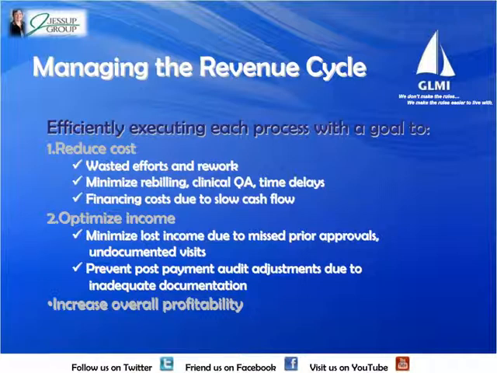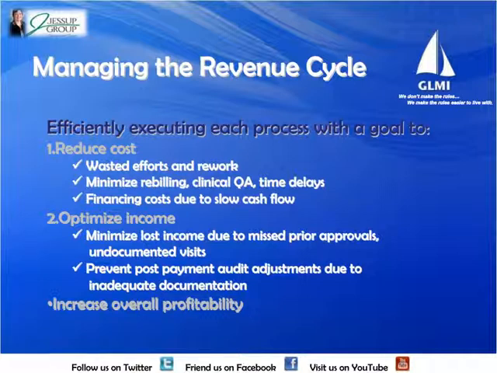If you have excessive time delay waiting for physician signatures, it takes longer to send the bill out. And as you have more and more time delay, you may experience cash flow issues that require you to go out and get financing to operate your business while you're waiting to secure those claims. So that financing cost is also something that you can avoid or reduce as your processes are more efficient.